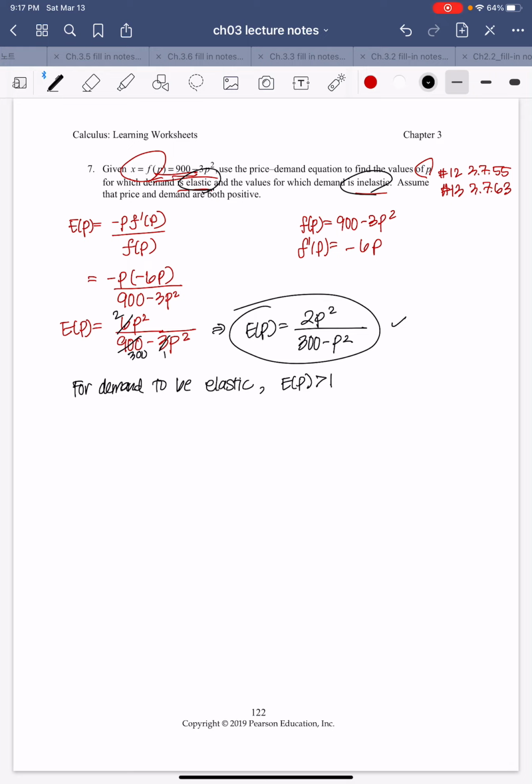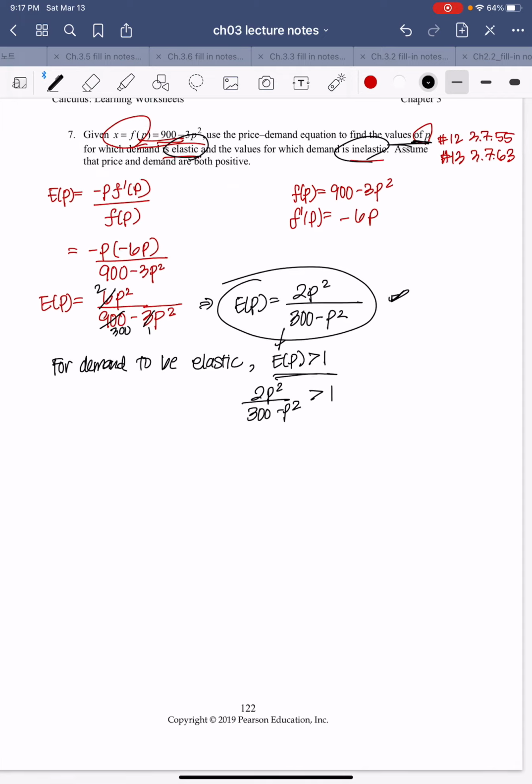So I'm going to set this function, E sub p, 2p squared divided by 300 minus p squared, greater than 1. And for p, that's what I'm trying to find: the p value when it's elastic.